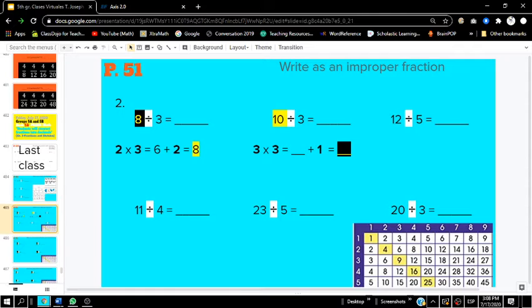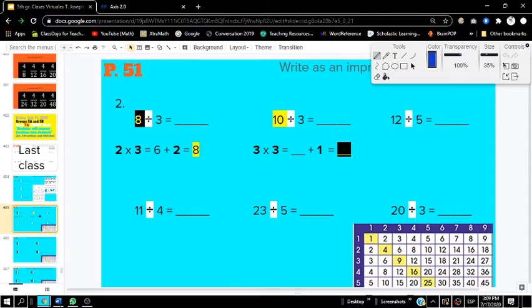Well, I know that 2 times 3 equals 6, which comes very close to 8, right? It doesn't exactly come to 8, but it does come close. So 6 comes really close to 8. And what I need to do is, I know that 3 times 2 is going to come into my bigger number, right? So 2 is going to be my whole number. But what's left over?